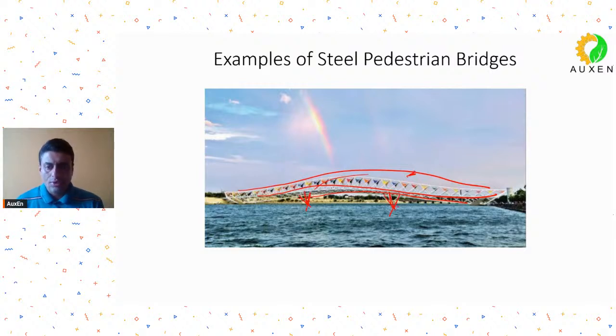If I show you the cross section, it is something like this. One tube at the top, they are all circular hollow sections, two tubes at the bottom, and then they have connected it with elements in the elevation. So quite an easy system, so to say, but an interesting looking system. So this is at Ahmedabad over the river Sabarmati.